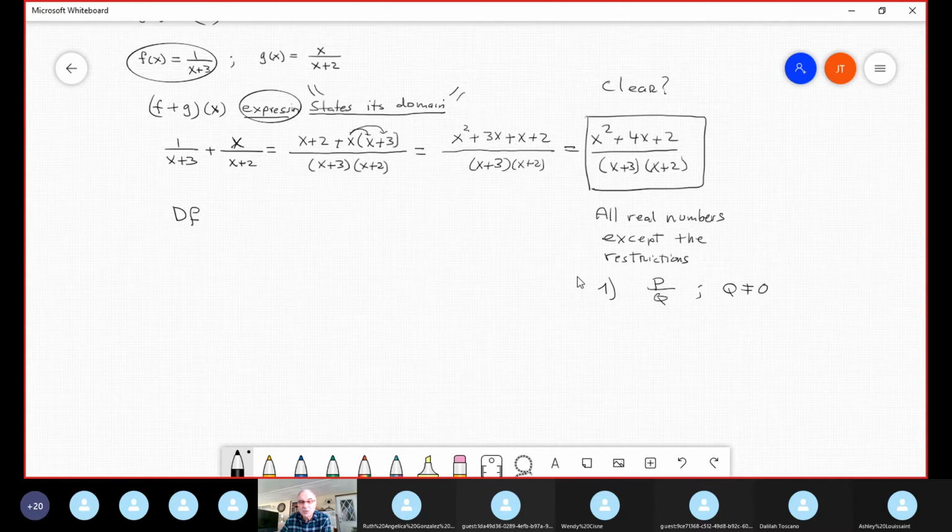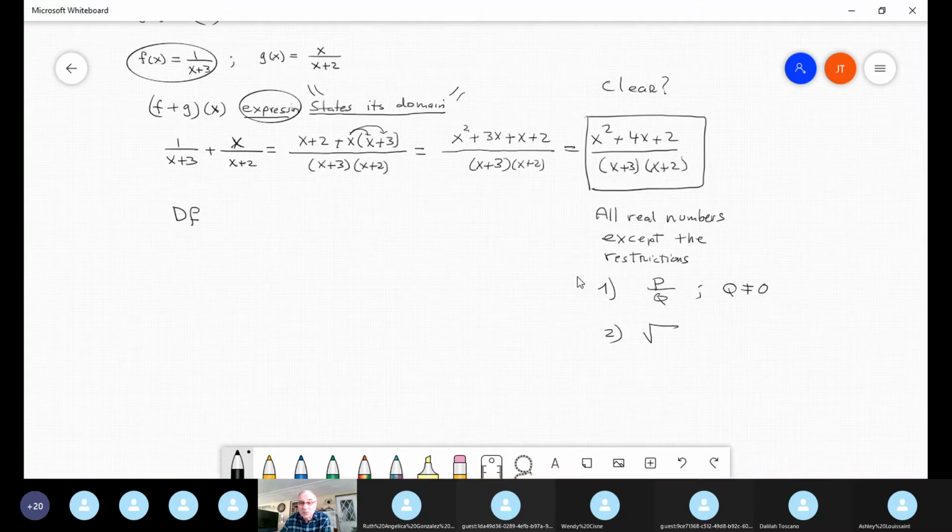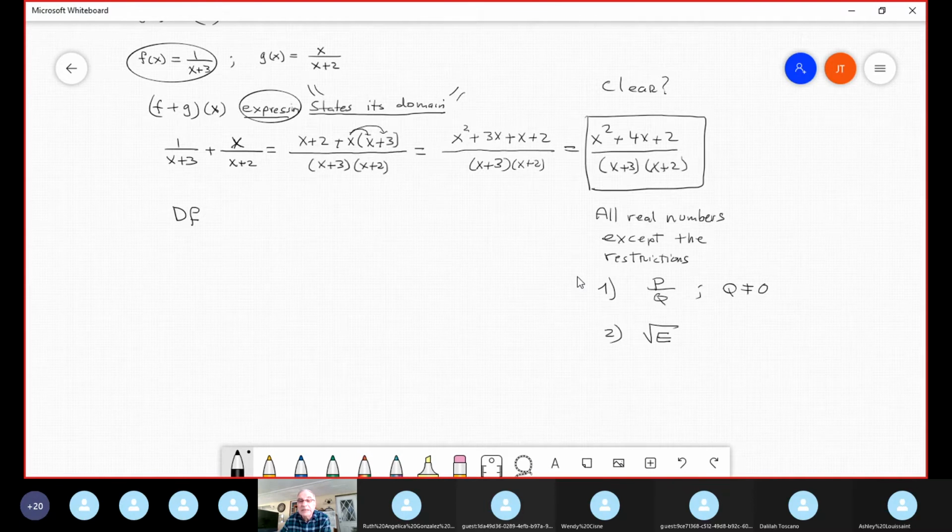Division, you try to avoid that the denominator is zero, because I know that it's undefined. Number two, restriction is when you have a square root, one expression that I call E must be non-negative, because if it's negative, it's imaginary, and imaginary is totally outside the real numbers.